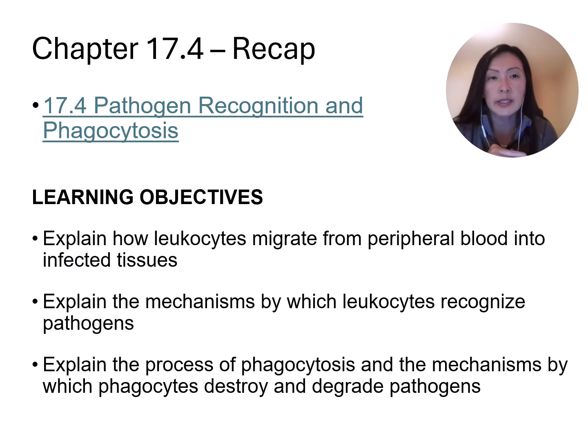The second mechanism was the opsonin-independent recognition, and that is through the PAMP recognition. So phagocytes have those PRRs, those pattern recognition receptors, that detect the PAMPs, and PAMPs were pathogen-associated molecular patterns.